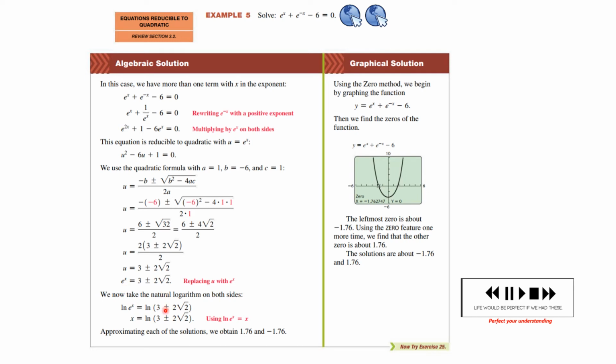I take the natural logarithms of both sides, and I get this expression. And that's an exact answer. If I plug it into a calculator, I will get this and this. Again, you're invited to perfect your understanding by looking at exercise 25.